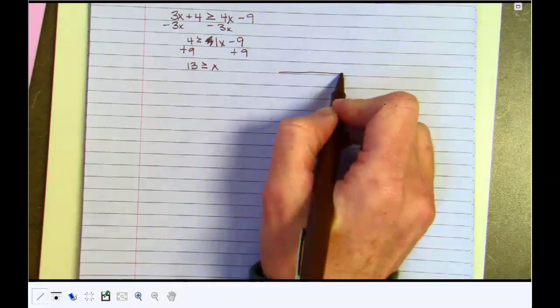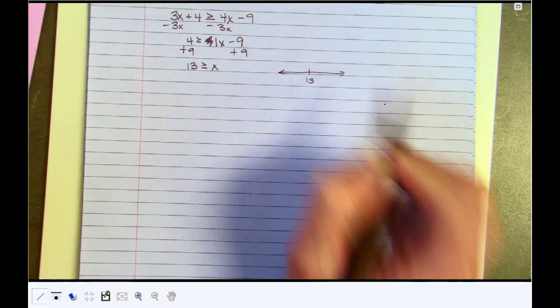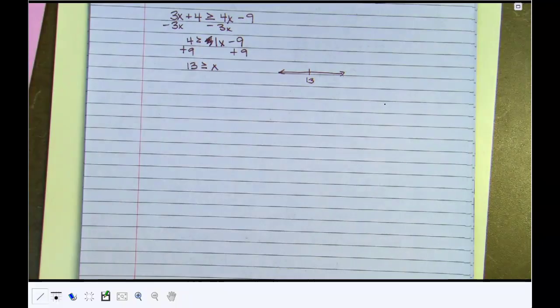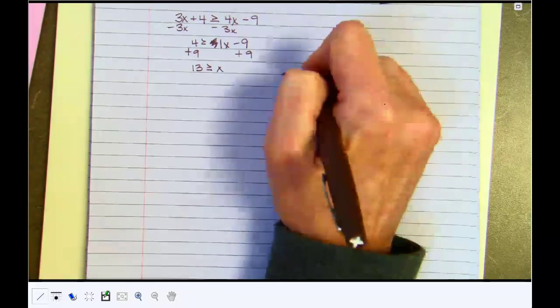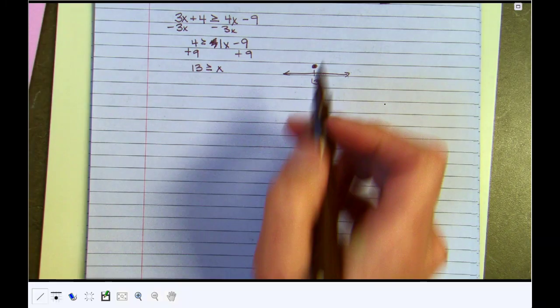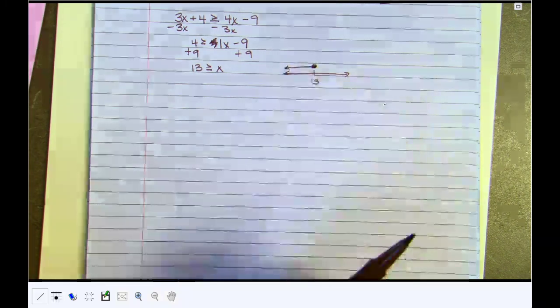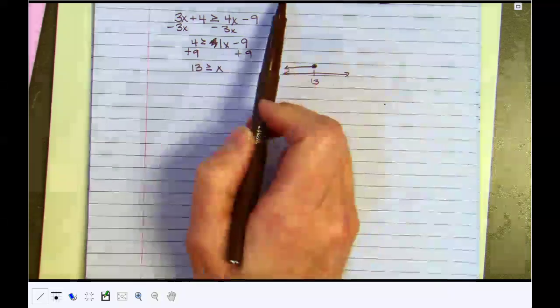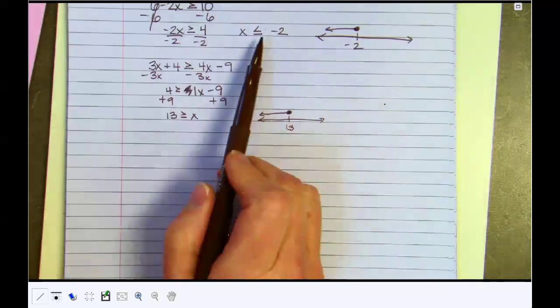Now, when you graph this, you got 13. Open or closed? Closed. What way does this go? It goes left. So my question is, this one went left, this one went left, this one goes left.